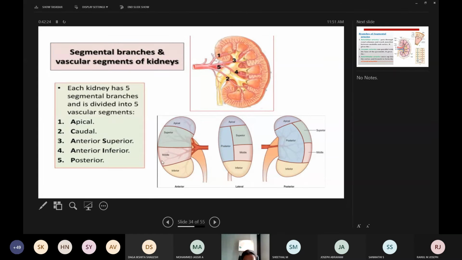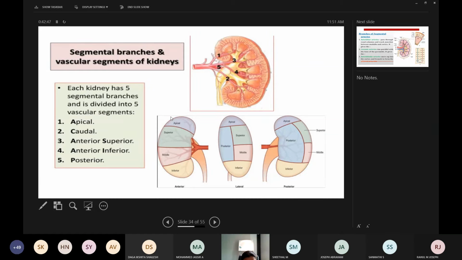Then, when it approaches the hilum, it divides into 5 branches. 4 segmental branches pass in front of the pelvis, and one segmental artery passes behind the pelvis. So these segmental arteries supply different segments.